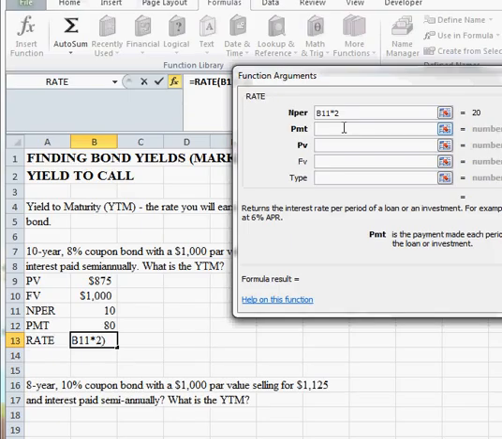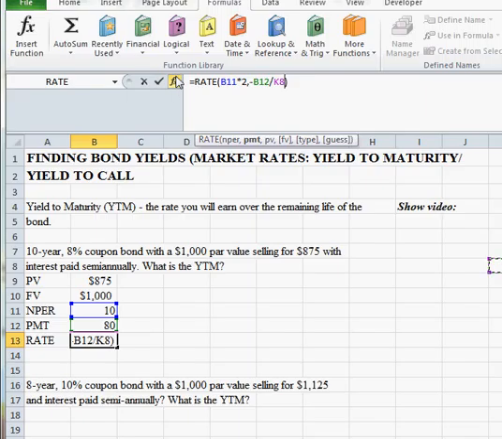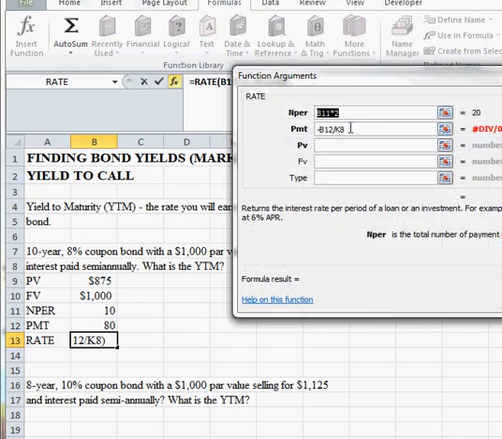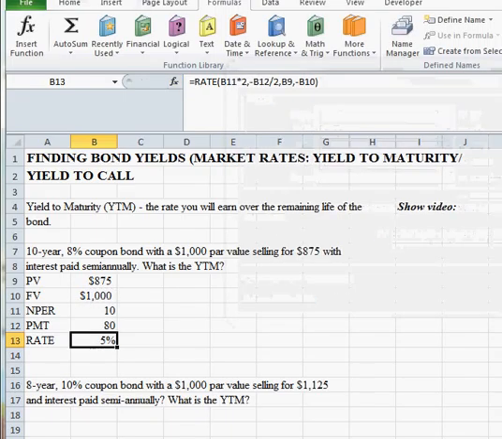The payment is entered again as a negative number, and we know it's $80 for a year, paid twice per year, so it's $40 each time. And then the present value we're going to enter as the positive number of $875, and then the future value will be entered again as a negative number, so negative $1,000. Now we're going to hit OK, and it's going to show us 5%.